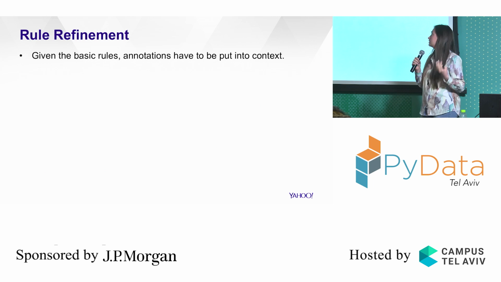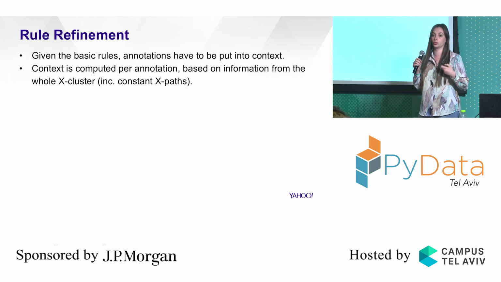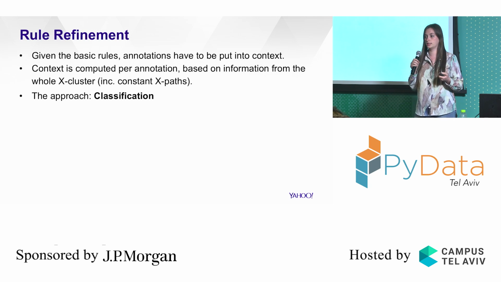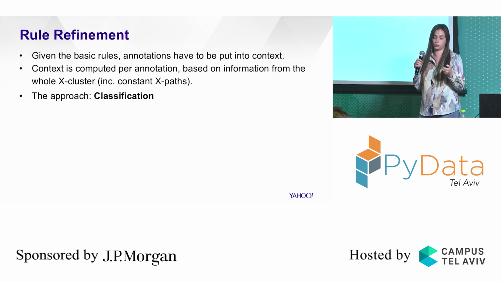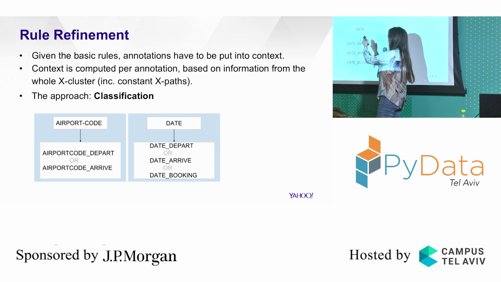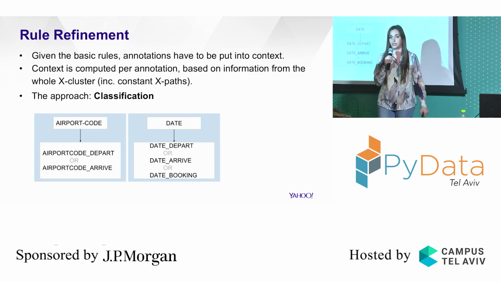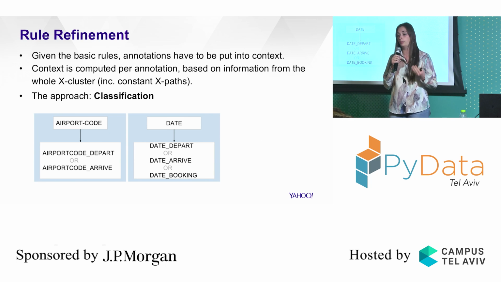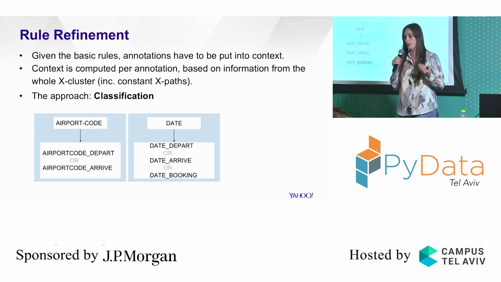And obviously, it's important what use case we are working with, because the context annotations we will replace are different in different use cases. For example, here for flights we will replace date with date depart, date arrive, date booking. If we are talking about purchase, we will replace the date with date purchase, or if it's delivery, when it will be delivered.